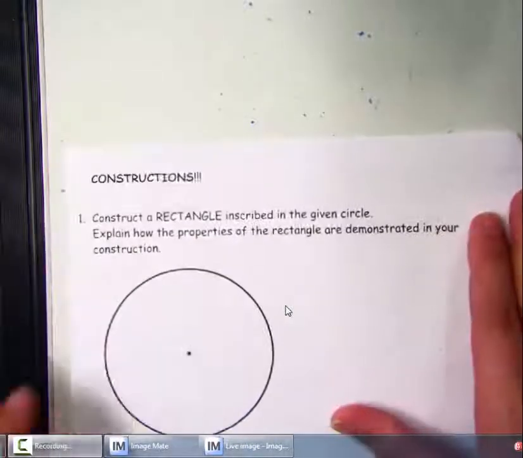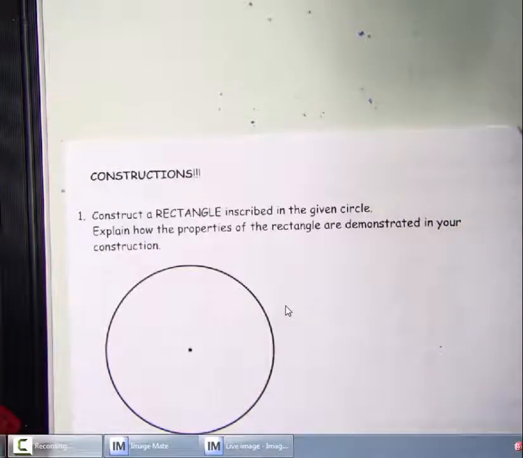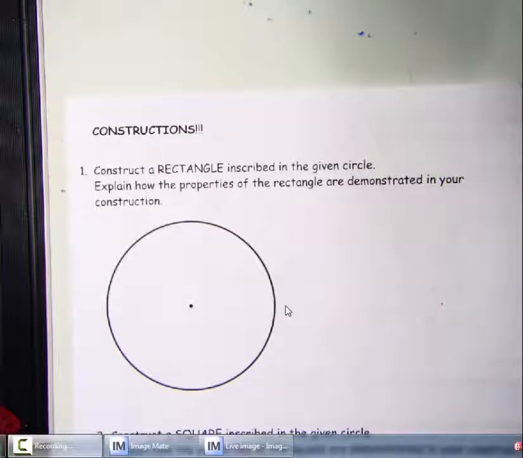The first construction that we're going to start with is construct a rectangle inscribed in a given circle. Explain how the properties of a rectangle are demonstrated in your construction. So we're actually going to use the properties of a rectangle to do this construction.